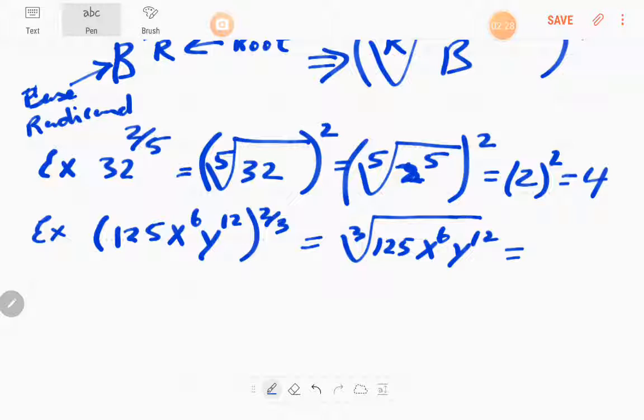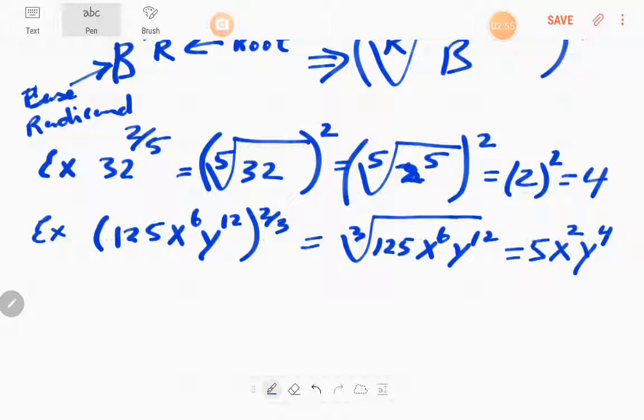So 5 to the 3rd power is 125, so the cube root of 125 would be 5, and the cube root of x to the 6, divide 3 into the 6, so it becomes x squared, and then divide the 3 into the 12 with a y to get y^4.